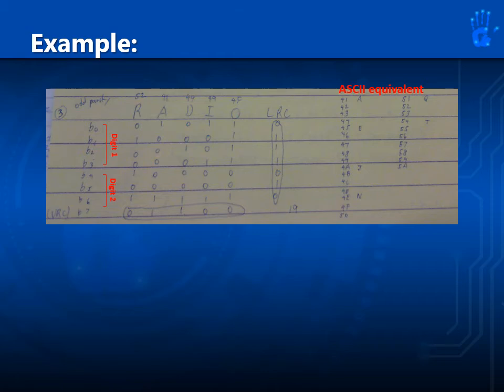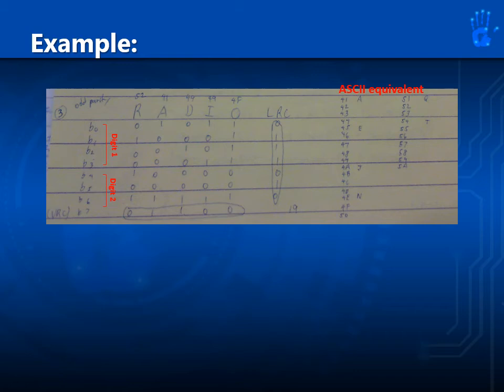Now, as you have seen in the example before, we will apply LRC and VRC in this. We're just going to add parity bits. In this case, it is an odd parity. So as you can see, VRC is at the bottom. We've actually labeled this B sub 7. So we will force an odd number of ones.